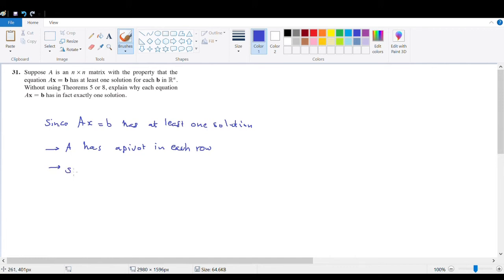And since A is n by n and we have a pivot in each row, that means we also have a pivot in each column.